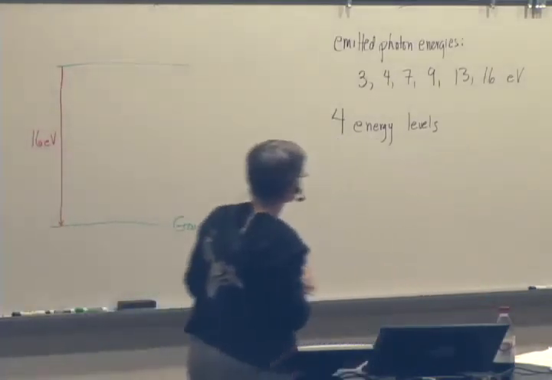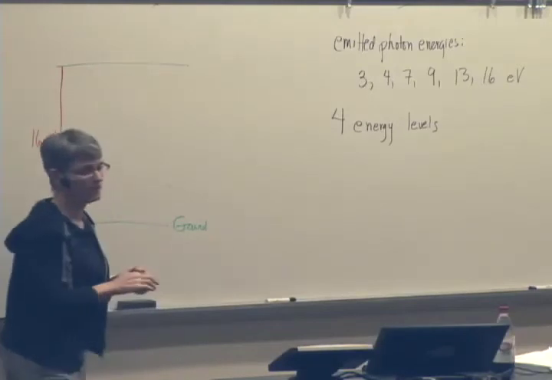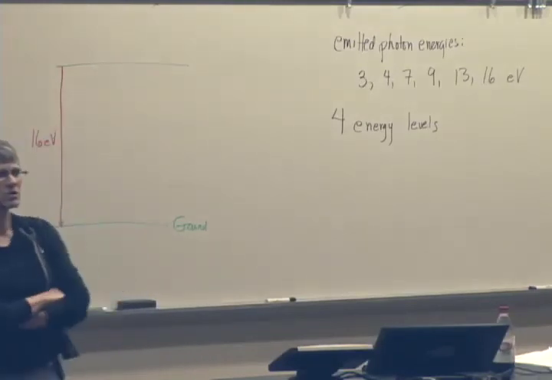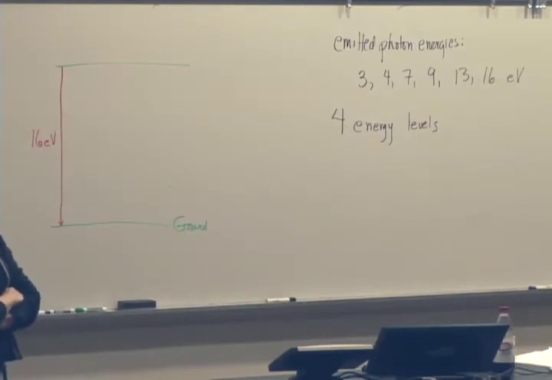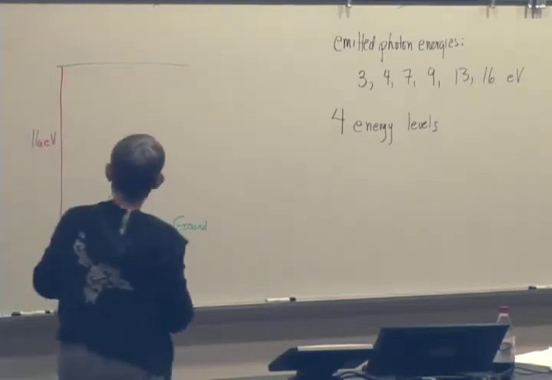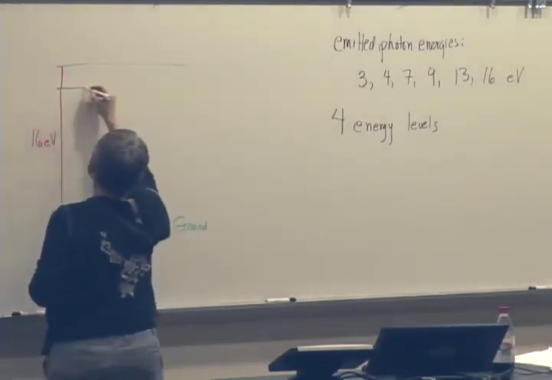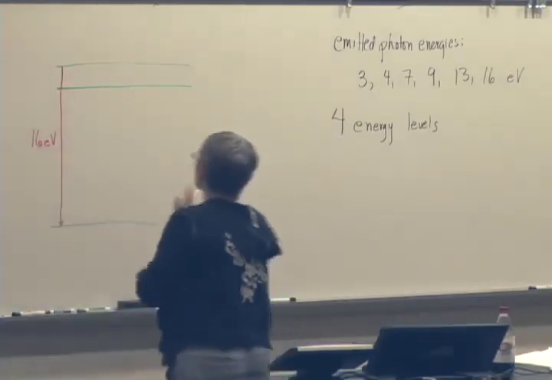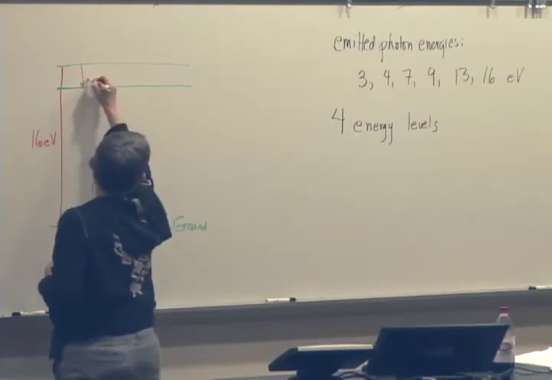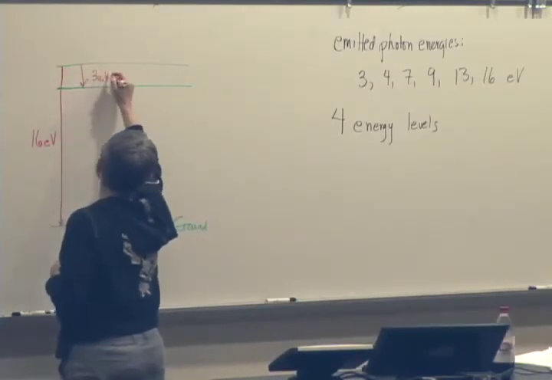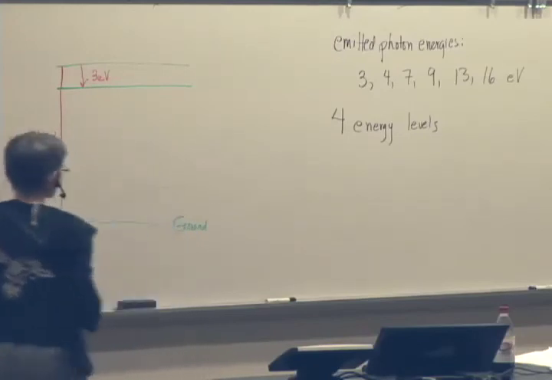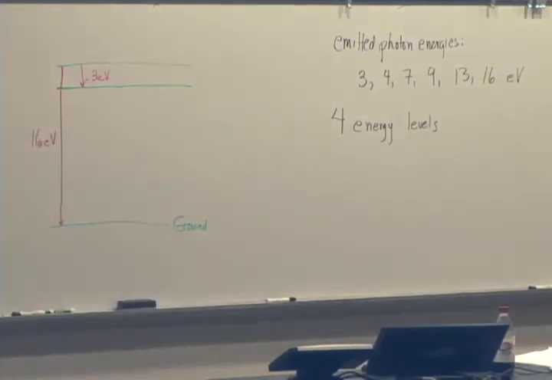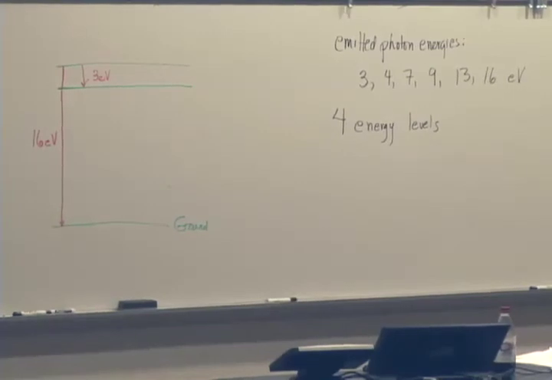Now, what are we going to do with the smallest energy photon? So you want it to be the one below the top, okay? So you're saying that this energy difference would be 3 eV. Is that what you're saying? Okay. Now let's check.